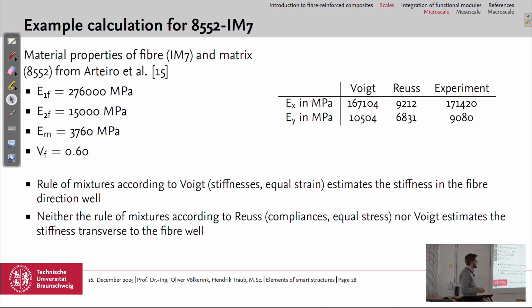So what she was asking is, there's Halpin-Tsai, a semi-empirical model, which has some correction parameters so that you can correct the Voigt and Reuss models to the experiment. Then with this you are closer to the experimental values with some additional parameters. So a semi-empirical model also for the homogenization.